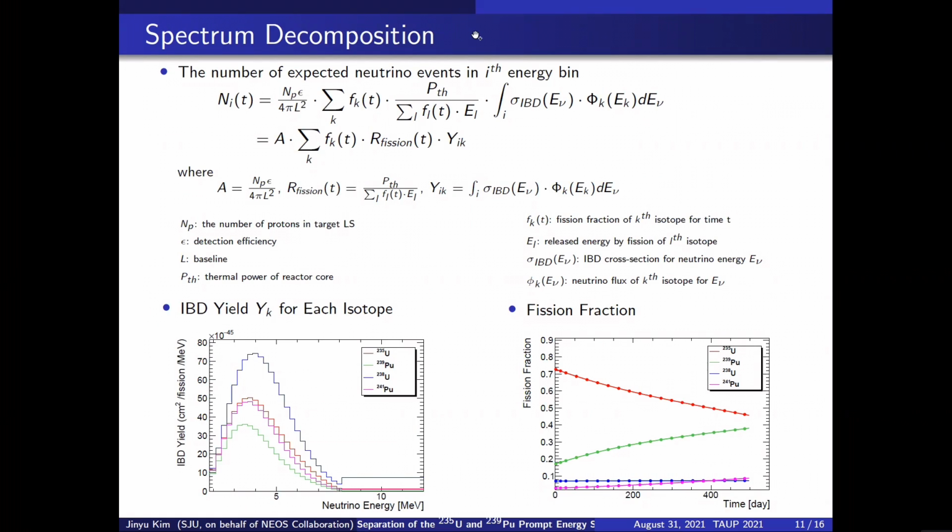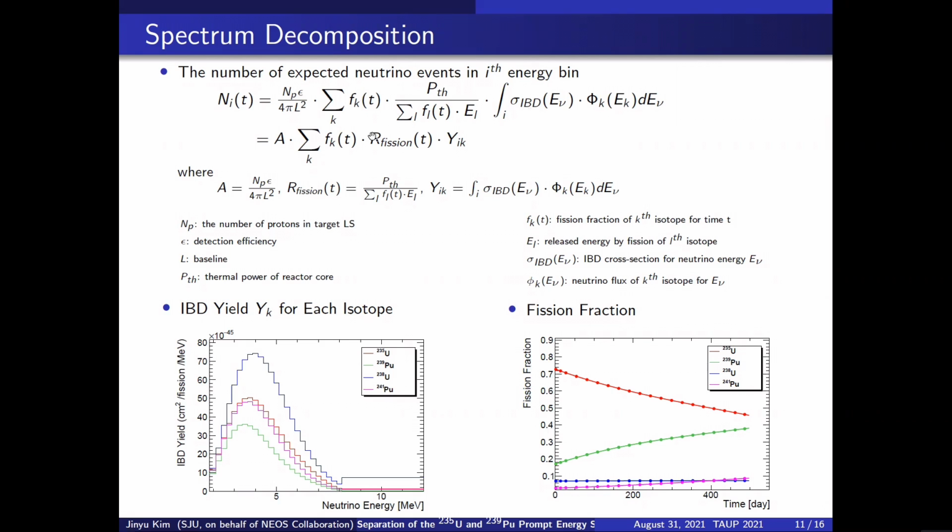From here, contents for spectrum decomposition are presented. This page explains the concept of spectrum decomposition. The number of expected neutrino events in each energy bin can be represented as this equation.